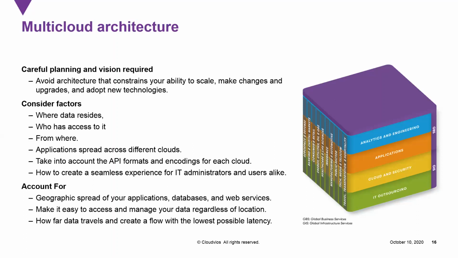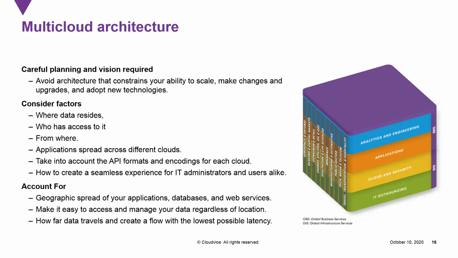Because cloud evolves, new services are being introduced every night and every day, and new technologies are getting introduced. So we need to ensure that our architecture does not constrain this ability of scaling and making changes. We also need to consider where the data will reside, who will have access to it, and from where. We need to consider all these security aspects as well.